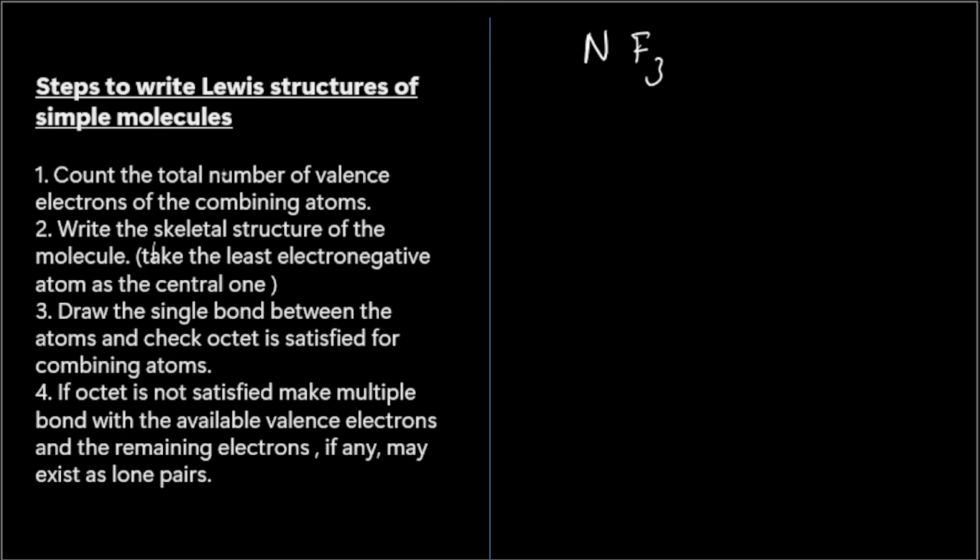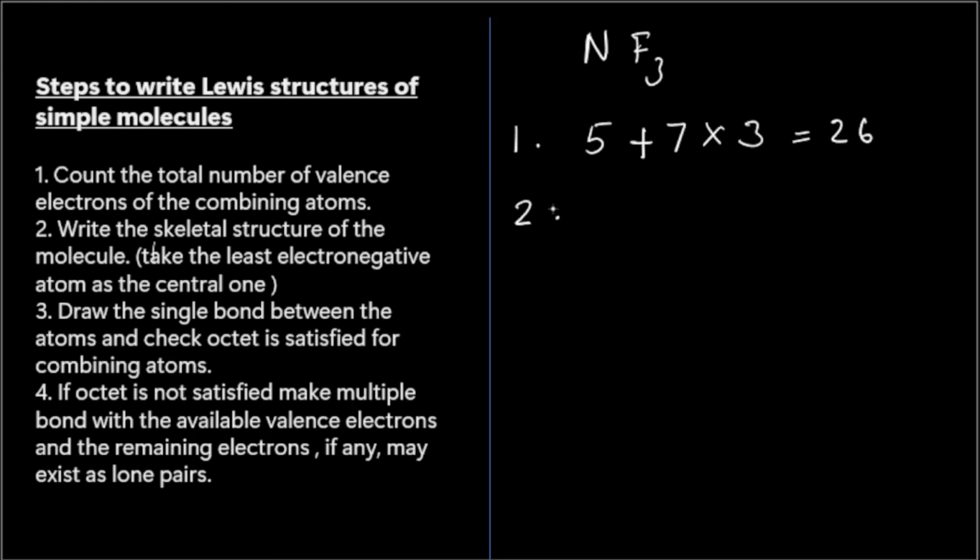So the first step to write the Lewis structure for this molecule is to count the total number of valence electrons. Here nitrogen has 5 valence electrons and fluorine has 7 valence electrons, so 7 into 3. So in total we have 5 plus 21, that is equal to 26 valence electrons.